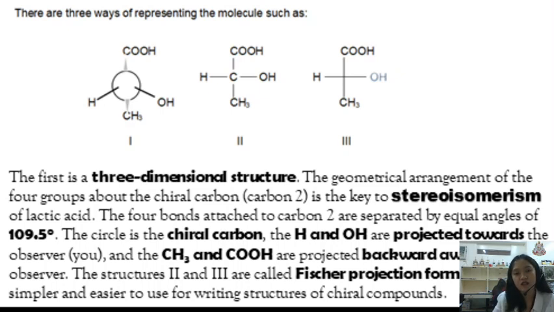Okay, so structures 2 and 3 are called Fischer projection formula. The second structure and the third structure are the Fischer projection formula. They are simpler and easier to use for writing structures of chiral compounds. When writing on paper, you can also use the three-dimensional structure, but it takes time because you need to draw the circle and the different arrows representing the projection of the atoms. When using Fischer projection formula, it is easier because you can just draw crisscross lines and bonds.